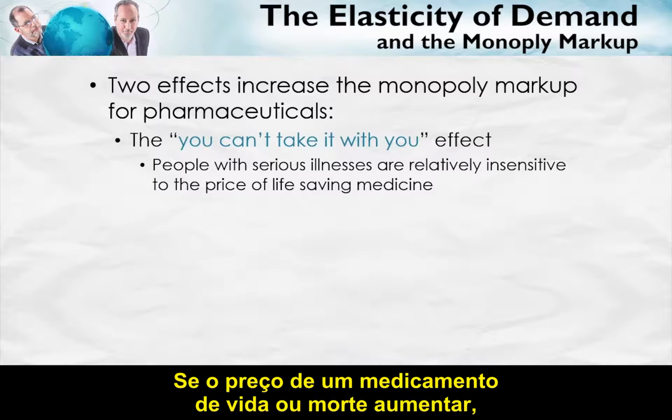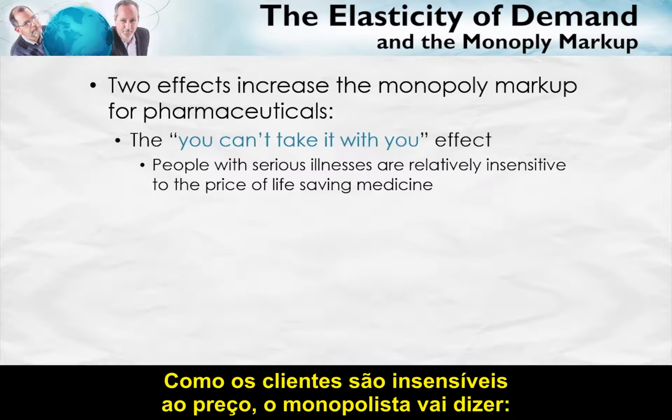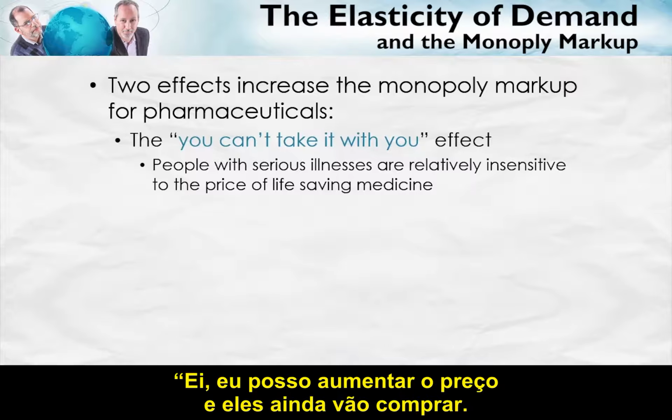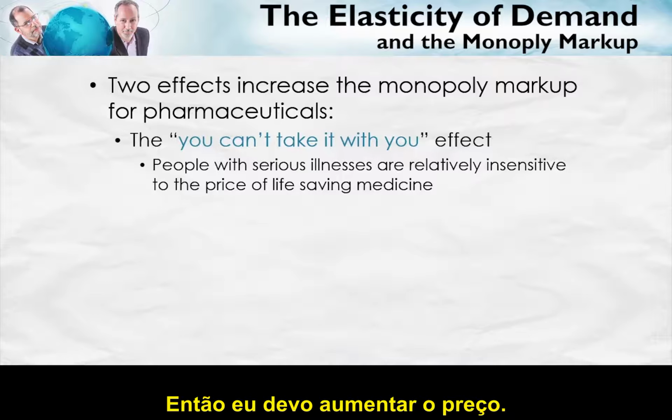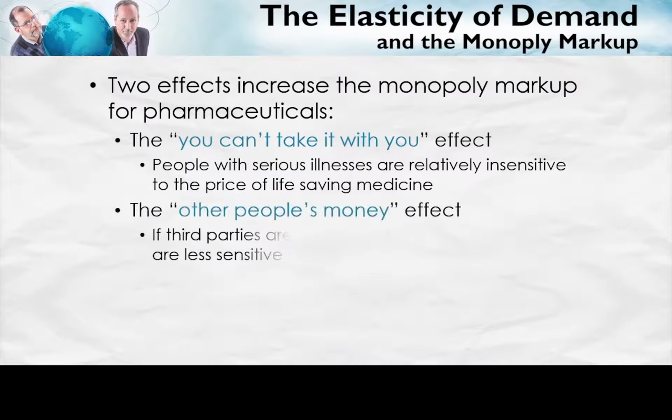If the price of a life-saving medicine goes up, the quantity demanded isn't going to go down very much. Since the customers are insensitive to the price, the monopolist is going to say, hey, I can increase the price, and they're still going to buy. So I should increase the price. It'd be profit maximizing for me to increase the price.